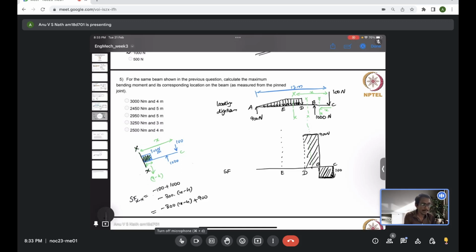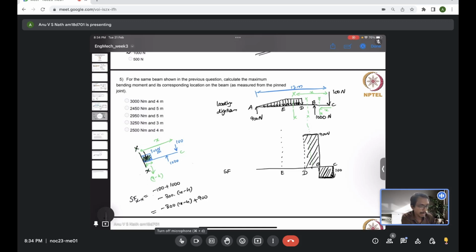Then the 300 Newton per meter UDL acting over X minus 4, the area under that, will cause 300 times X minus 4 Newton acting at the centroid of that area, which is X minus 4 by 2 units from the X end.